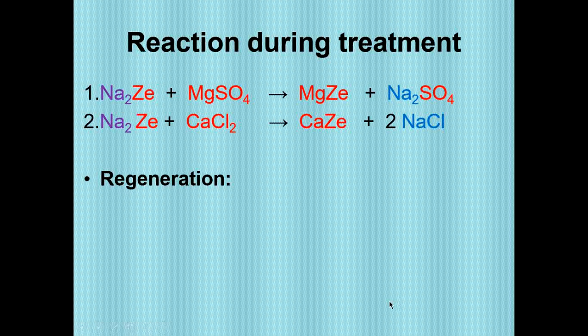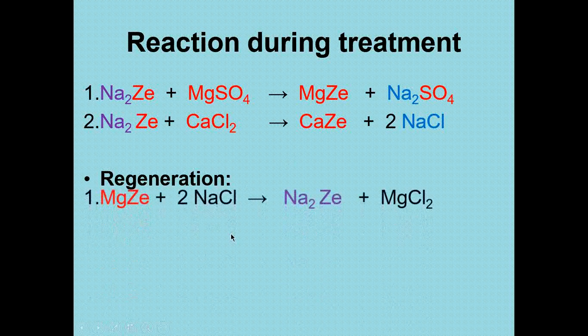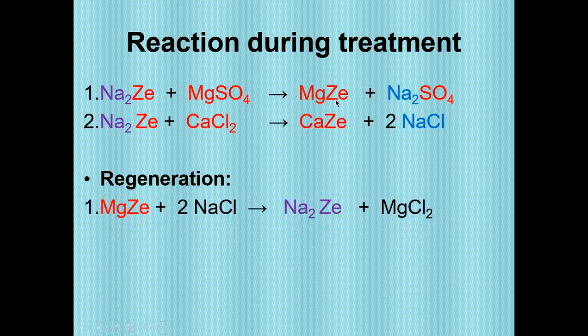Now how do we regenerate the bed? Look here. All the zeolite now contains heavy metal ions. So at one stage it will not transfer the sodium ions because it contains all heavy metal ions, and so we have to give a washing of brine. This product, MgZe, means zeolite containing all magnesium, for example.